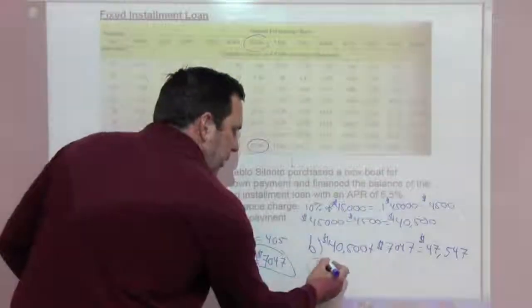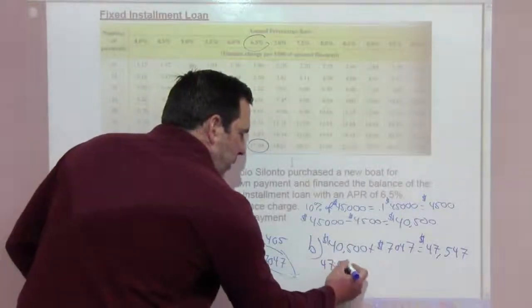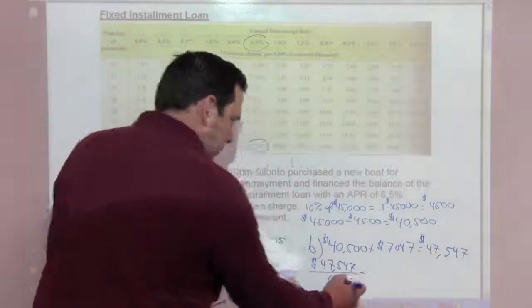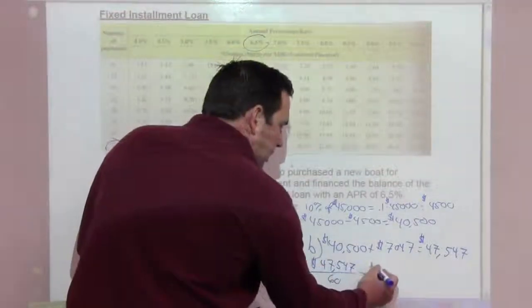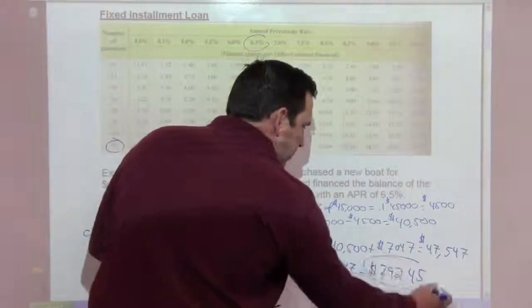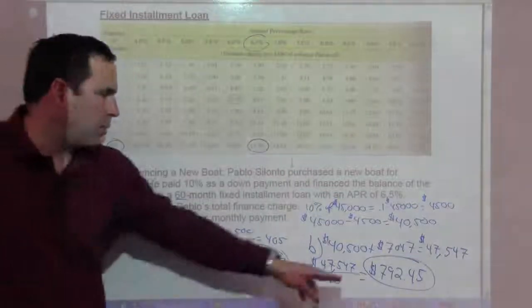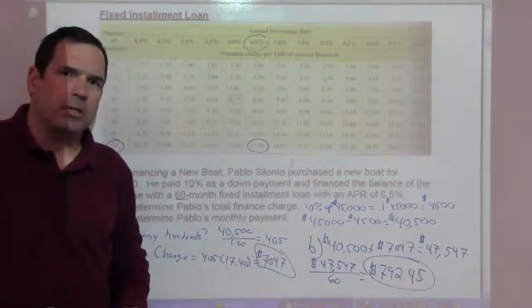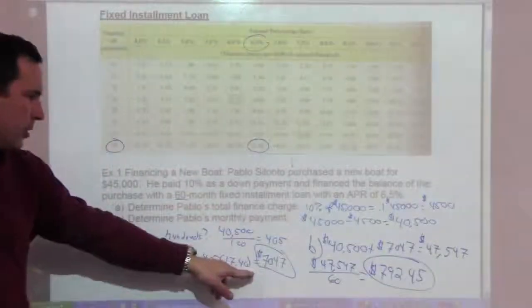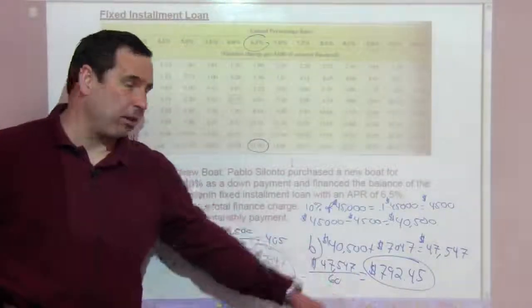So we do that: 47,547 divided by 60 is $792.45. So this is what his finance charge is going to be. Or sorry, this is what his monthly payment is going to be. That's a lot of money. $800 a month for a boat.